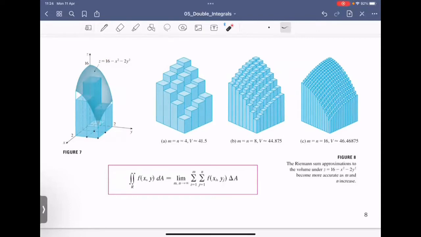Why is it important? Well, I taught you this because it is a good example to relate to your life. When you work as a biotech student, maybe you're going to face a volume of a shape that you don't know about, or you don't know exactly what the equation is.